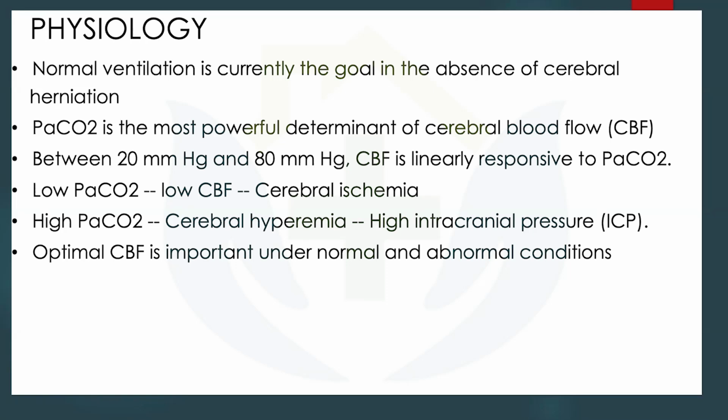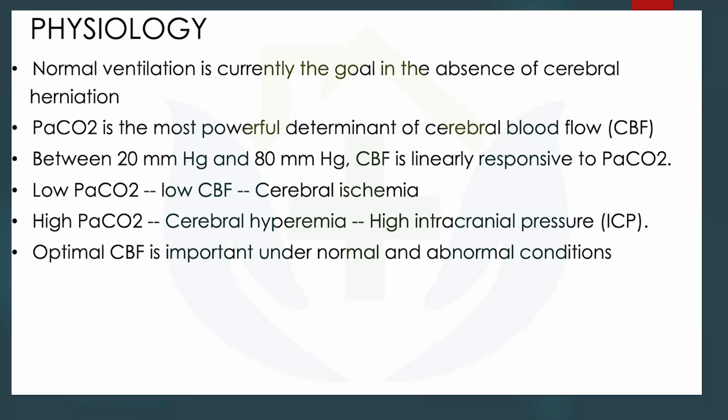So the cerebral autoregulation is damaged. Cerebral autoregulation is the property by which cerebral blood flow is preserved despite swings in the blood pressure. If your autoregulation is damaged, your cerebral blood flow and perfusion is dependent on your blood pressure.